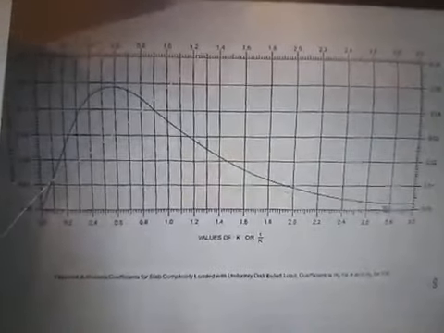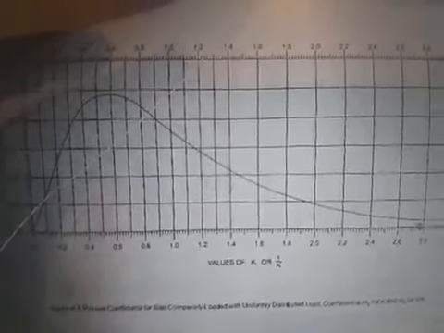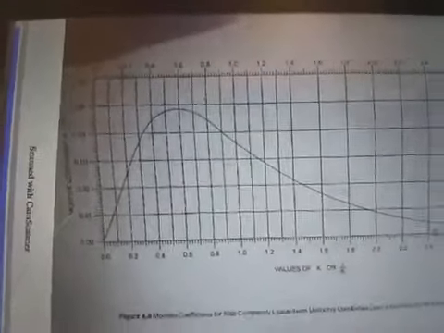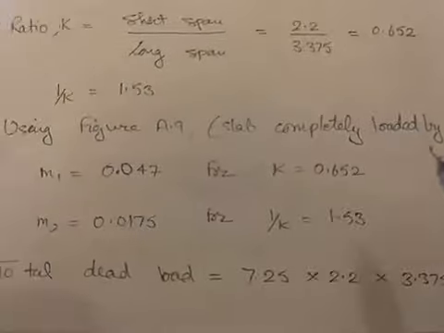It says when the slab is completely loaded by the UDL, we find the corresponding values of m1 and m2 with the help of K or 1 by K. We have already calculated the value of K and 1 by K, and from these we are going to find the values of m1 and m2 from this figure 8.9 on your screen. These are given in the appendix of the book by Johnson Victor, appendix A.